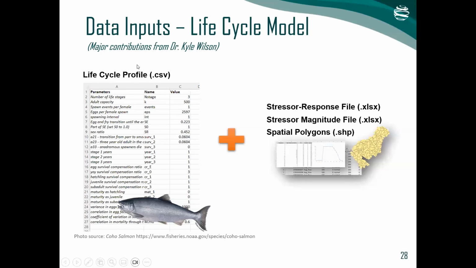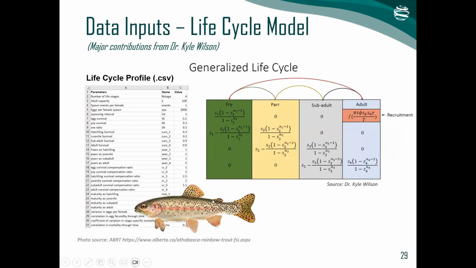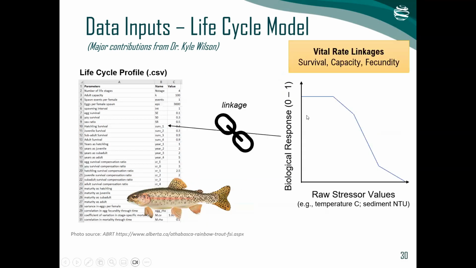Each life cycle profile is meant to represent a single population. So here's a generalized life cycle profile for Athabasca rainbow trout. This is the input CSV file, and under the hood, it's running a stage-structured population model.